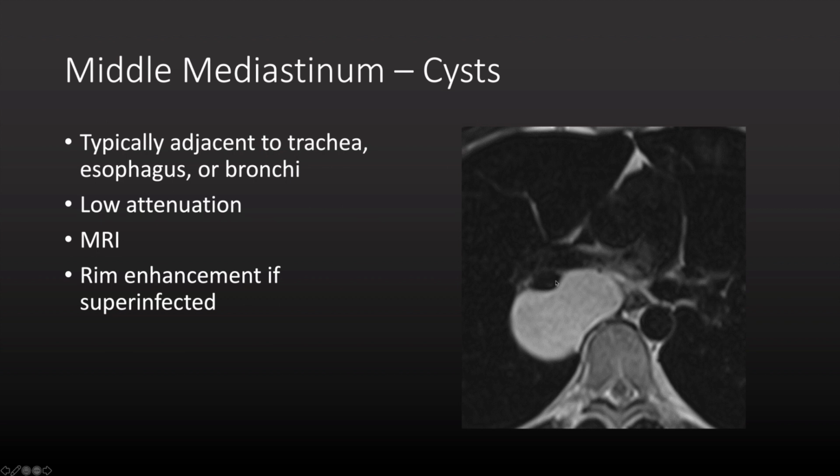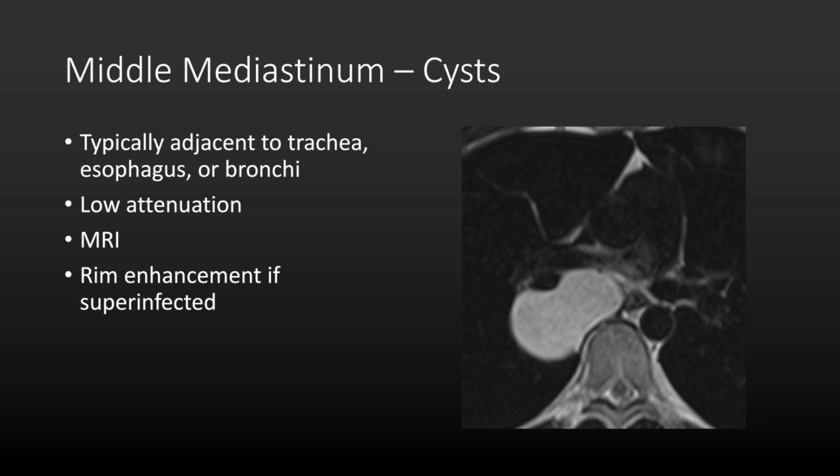This lesion is kind of adjacent to both a bronchus and the esophagus, kind of lobulated, nicely T2 bright lesion here. They tend to be low attenuation on CT, but again, if infected, proteinaceous content, hemorrhage, etc., they may measure greater than simple fluid. So MRI is really helpful for these lesions, and they may have a little bit of rim enhancement if they're super infected.